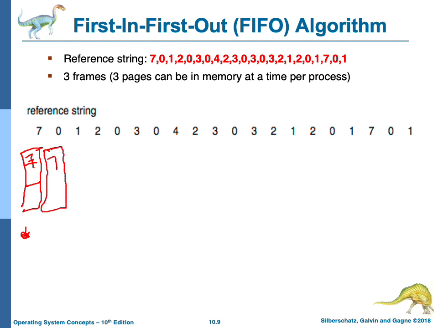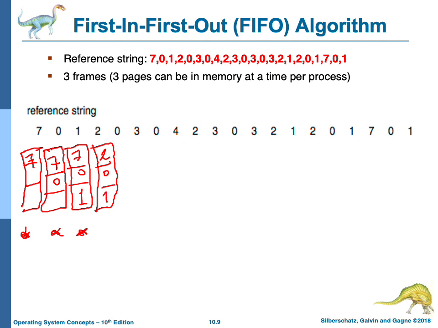After 7 we need page 0, another page fault, but no replacement needed since we still have space in memory. Then page 1, another page fault, but no replacement needed. Now we are calling page 2, but we don't have any empty space, so we replace the oldest, which is 7. So we have 2, 0, 1.